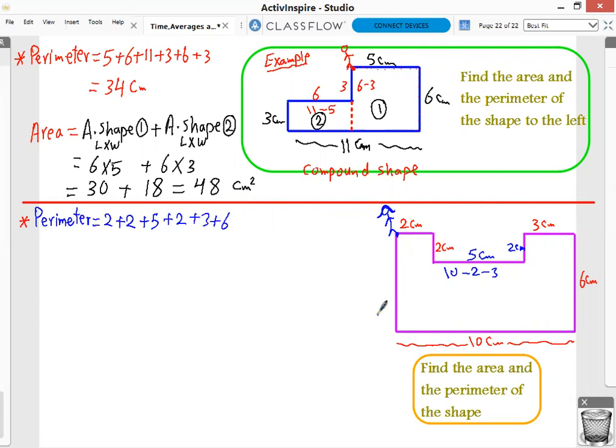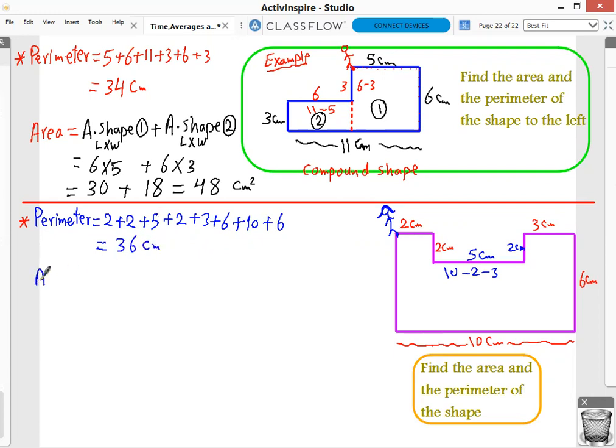Then plus 10. What about this line? Very good. What is the total? What is the total? Yes? Correct? Yes. Very good. 36 what?